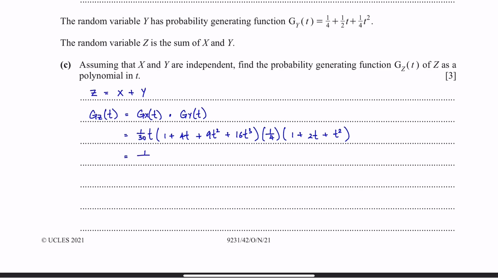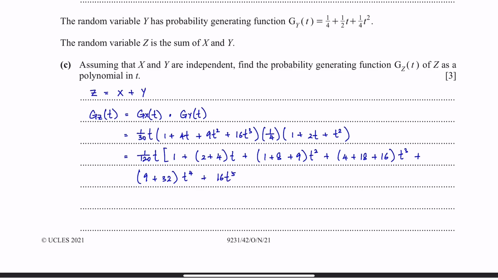So for the fraction, we have 1 over 120 times t times 1, plus 2 plus 4 times t, plus 1 plus 8 plus 9 times t squared, plus 4 plus 18 plus 16 t cubed, plus 9 plus 32 t to the 4, plus 16 t to the 5.